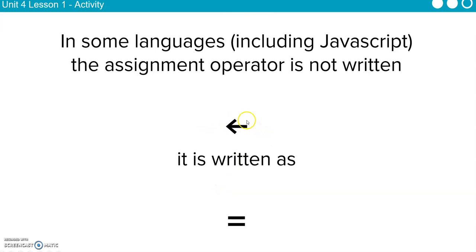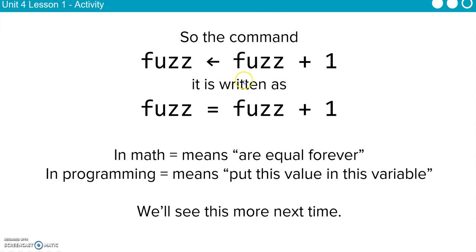In JavaScript and most languages, this arrow that's used in AP Comp Sci, just because we're using, like I said, a pseudo language so that we can understand it for any language, no matter what you study this course in, is really an equal sign. So what we see here, fuzz is assigned fuzz plus 1, would be written fuzz is equal to fuzz plus 1.